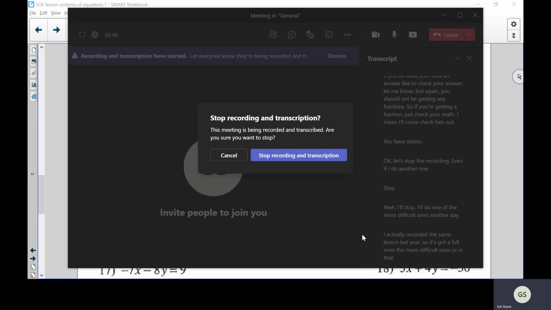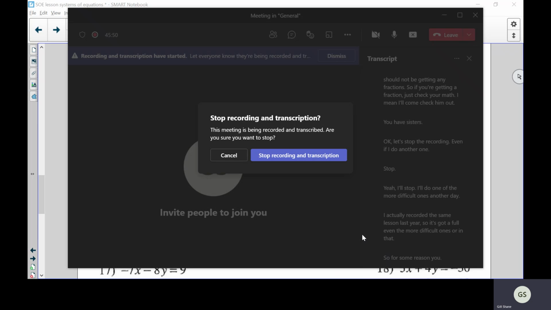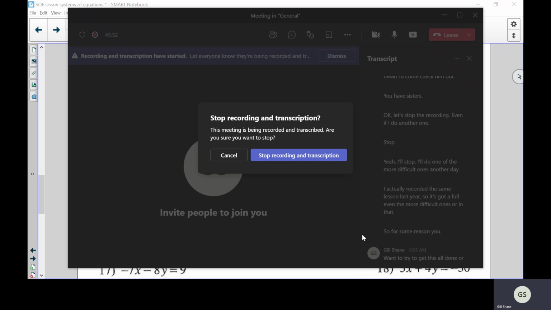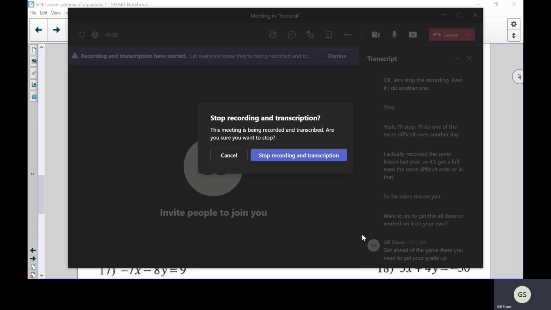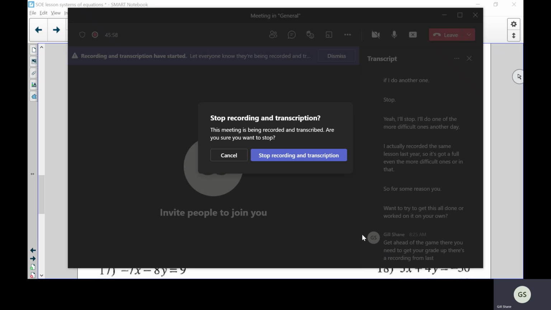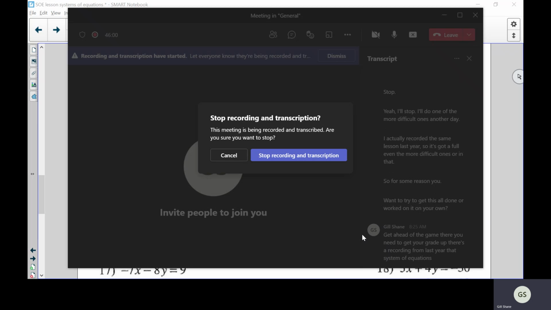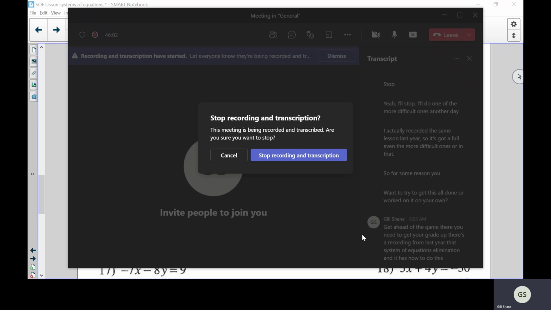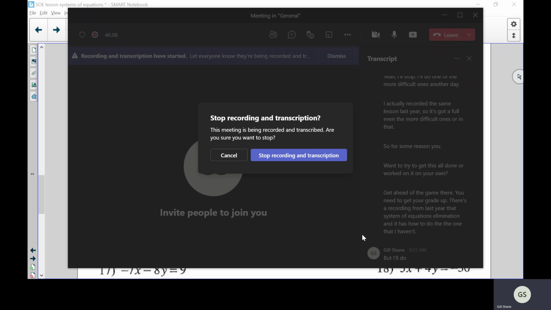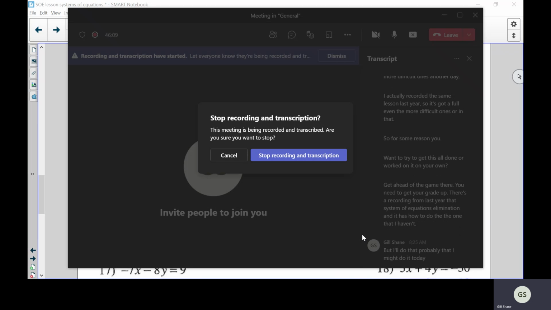So for some reason you want to try to get this all done or work on it on your own, get ahead of the game if you know you need to get your grade up. There's a recording from last year that's system of equations elimination, and it has how to do the one that I haven't done yet. But I'll do that probably next class. I might do it today. We'll see if everybody's in good shape.